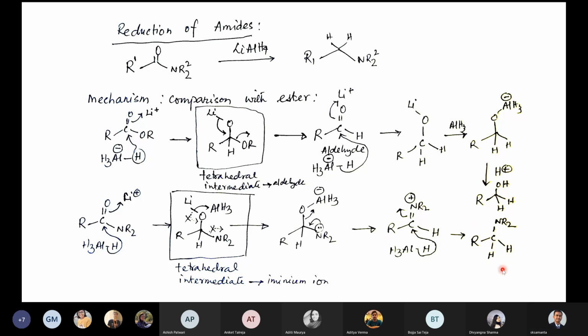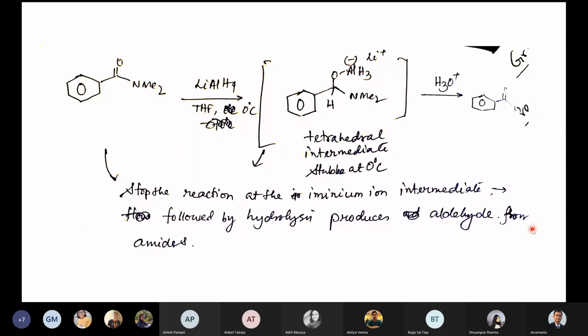But if you do not allow this reaction to come up to this step, but if you quench at this stage when it forms the tetrahedral intermediate, then you will get the aldehyde. So if I allow this to go all the way to the amine step, then it will go to the amine.